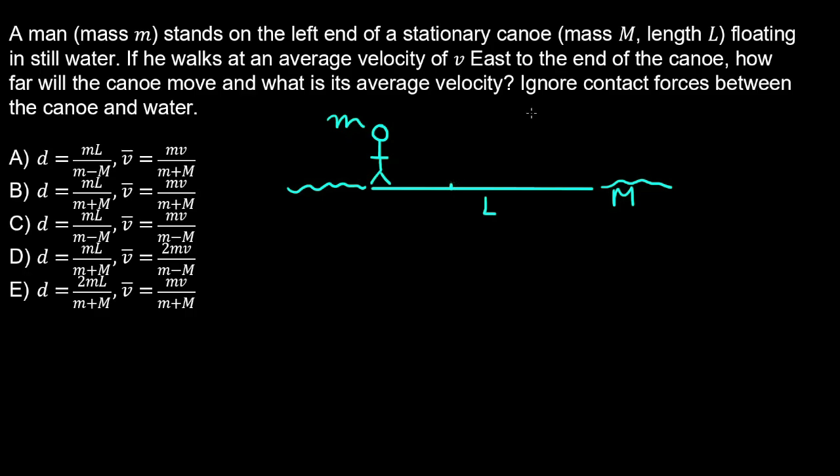So the center of mass relative to the origin is the mass of the person times 0 plus the mass of the canoe times the length on 2, assuming the canoe has a uniform mass density. So that distance is L on 2 from the origin. And this here is the center of mass.